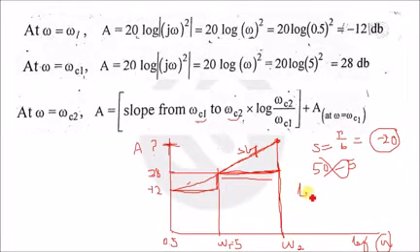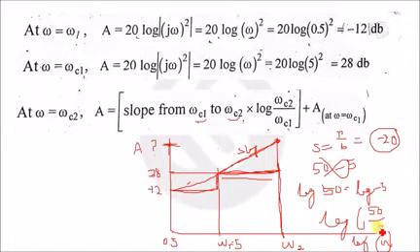So I can write log of 50 minus log of 5, which eventually becomes log of 50 divided by 5, and we get log of 10. Clear? So I get this as log 10.